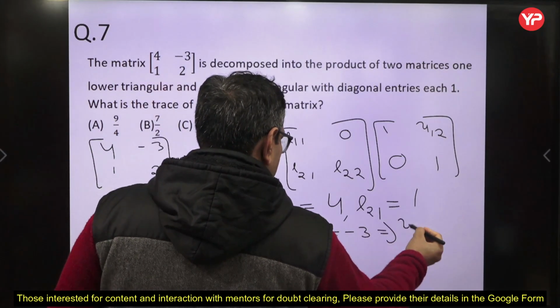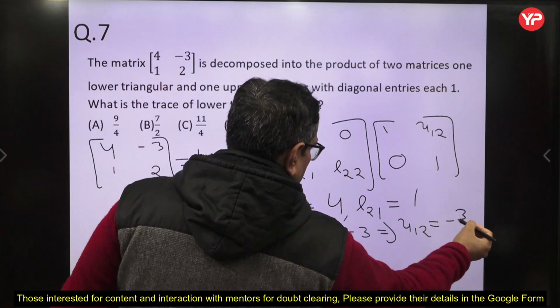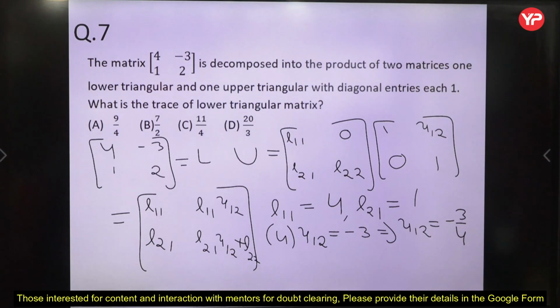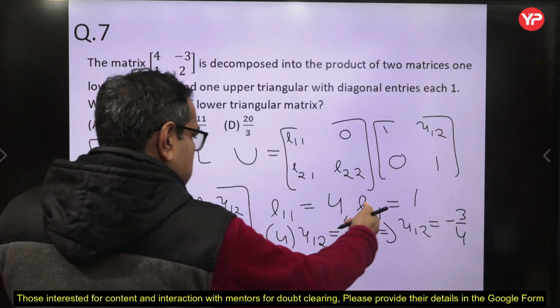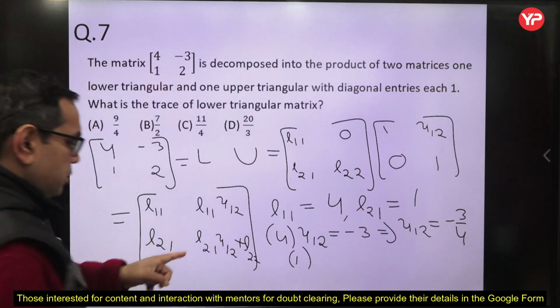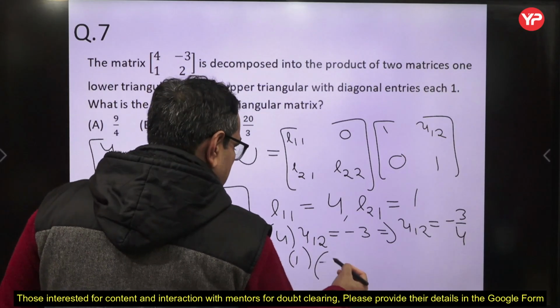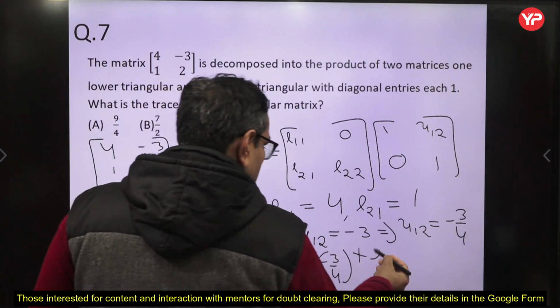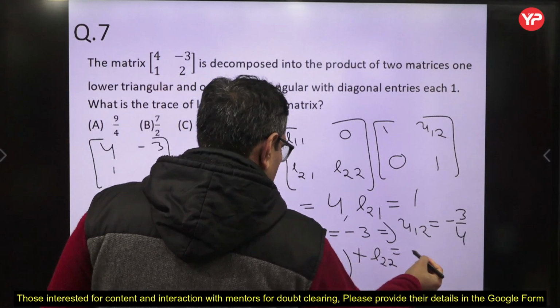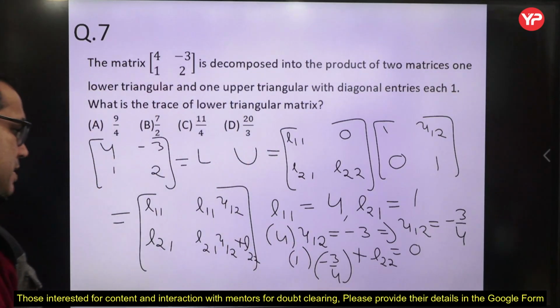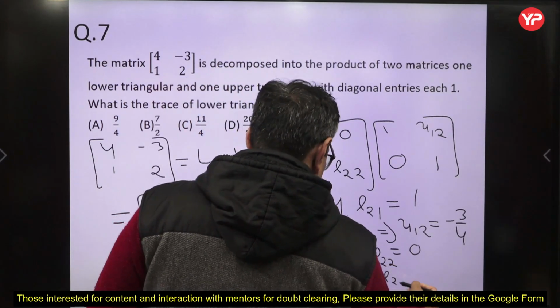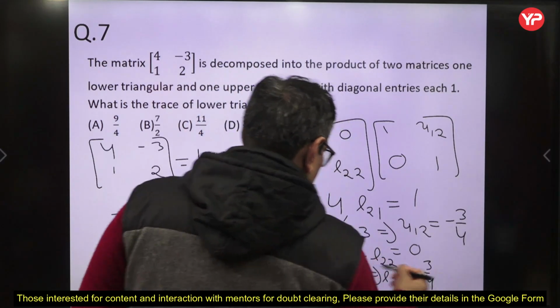So it implies that U12 is equal to minus 3 upon 4. Now last, this L21 is 1, so 1 into U12, that is minus 3 by 4, plus this L22 is equal to 0. So what is L22 equal to? 3 by 4. We are getting L22 equal to 3 by 4.